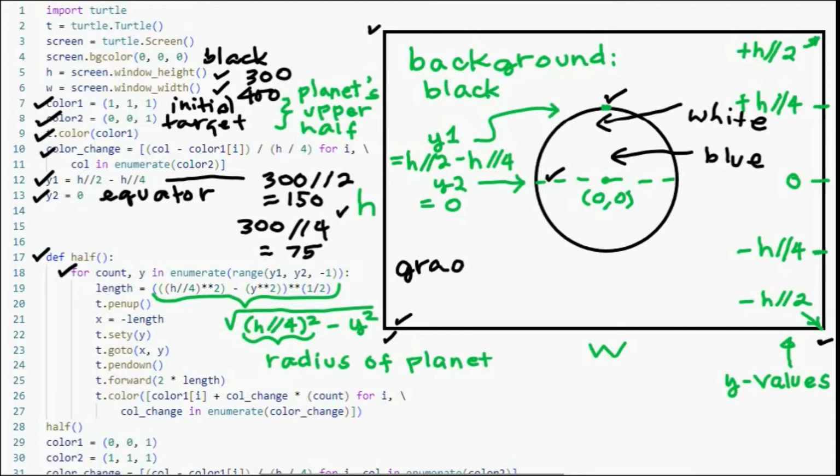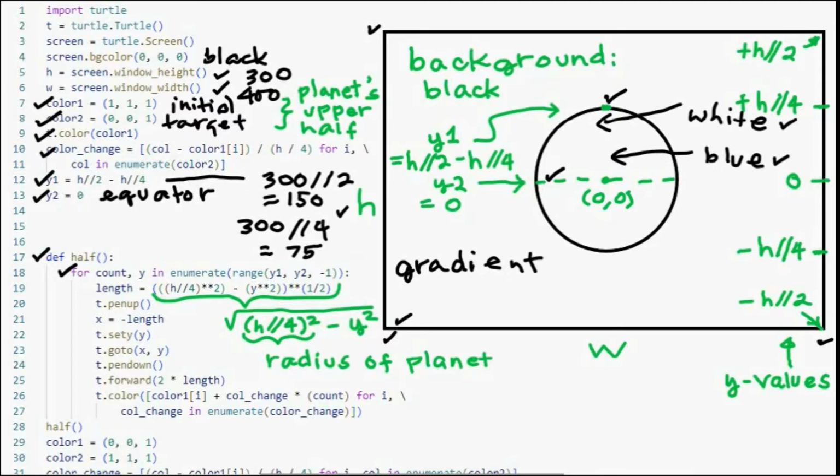A gradient is actually a plane that illustrates the smooth change from one color to another color. Remember, in our planet here, we are transitioning from white, the polar cap, to blue near the equator.